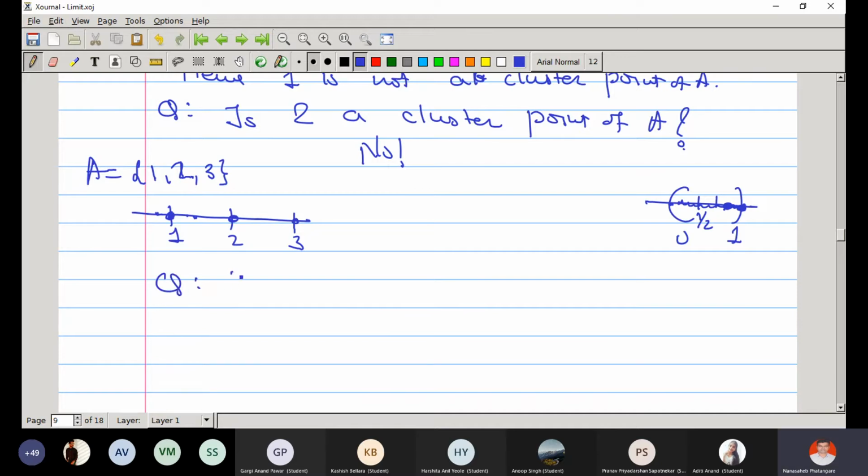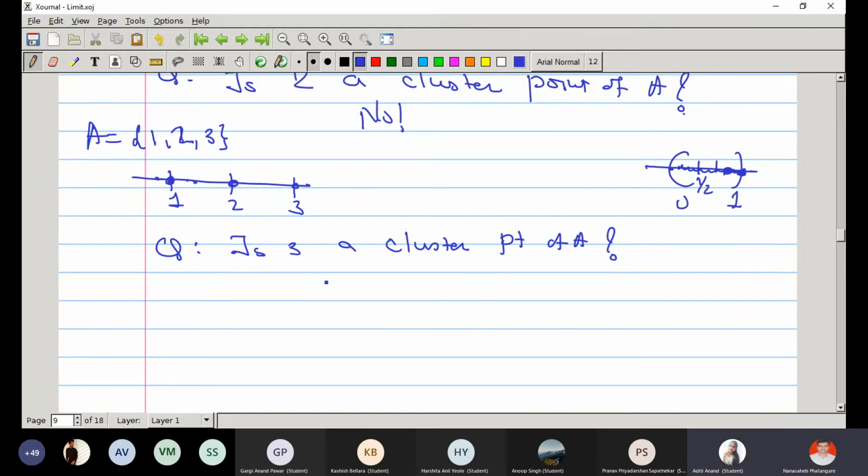Question 3, is 3 a cluster point of A? No, sir. Right? And now my next question, is half a cluster point?